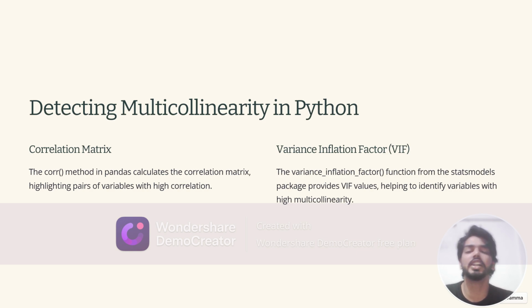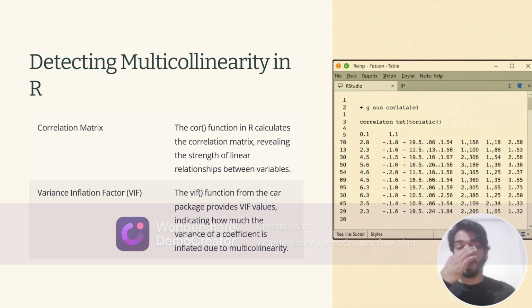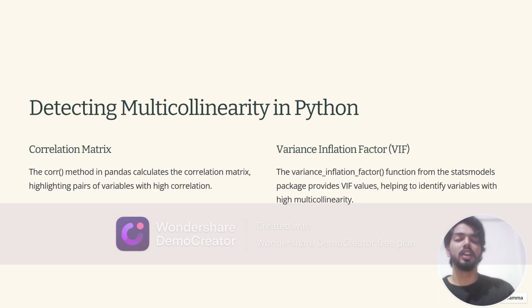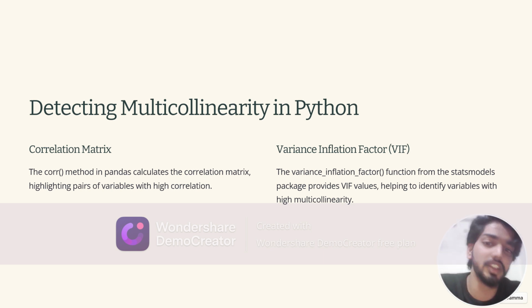Detecting multicollinearity in Python. How to detect multicollinearity in Python? We have discussed that in R, we use the cor function and the vif function. Now in Python, to find the correlation matrix, we use the corr function, which is in the pandas library, to calculate the correlation matrix, highlighting the pairs of variables with high correlation.